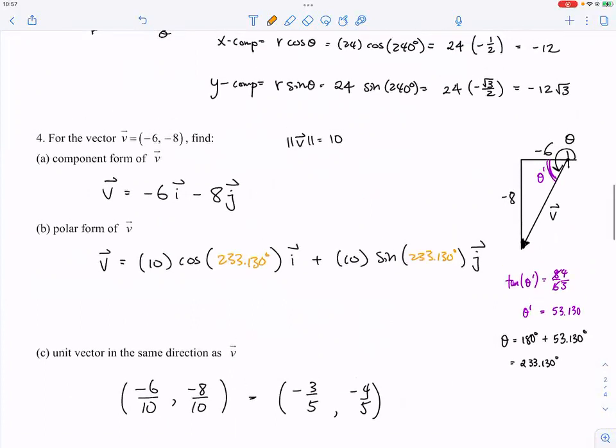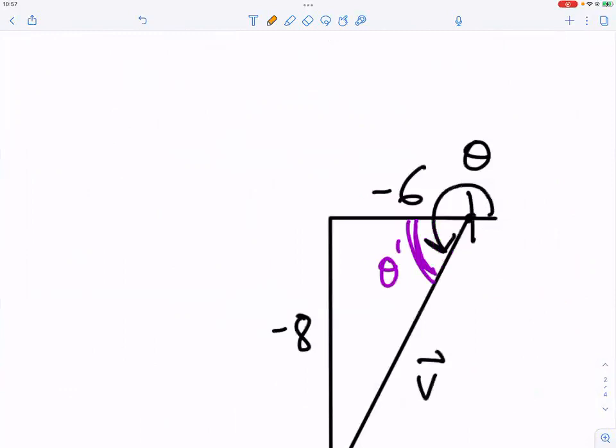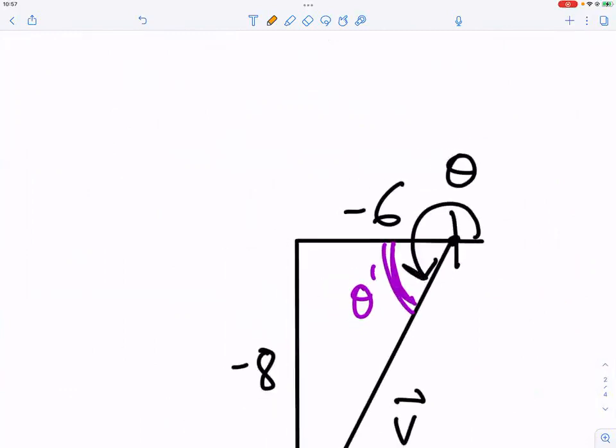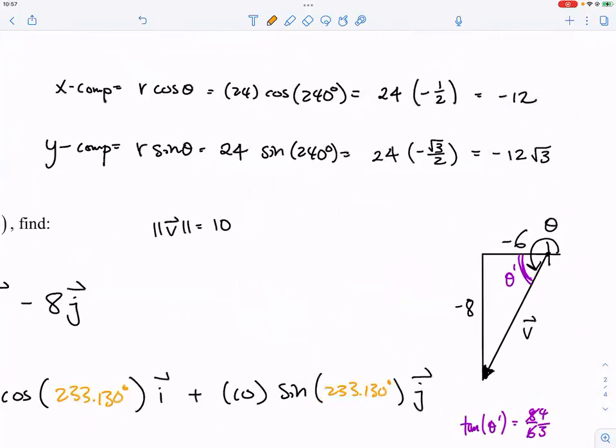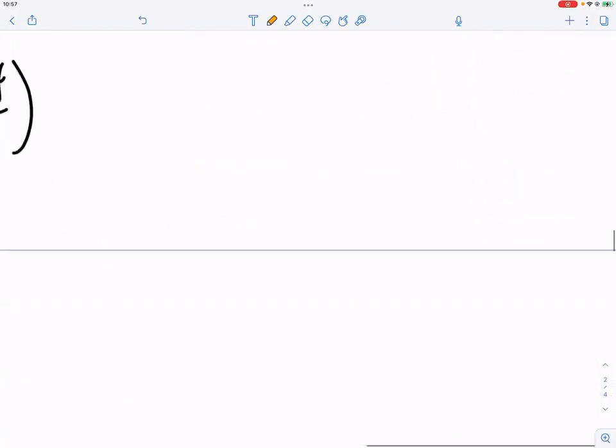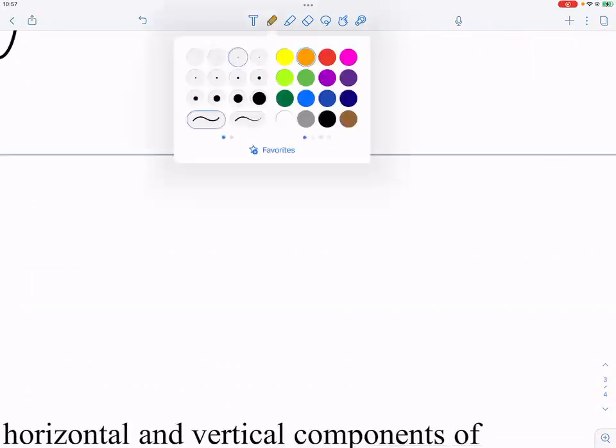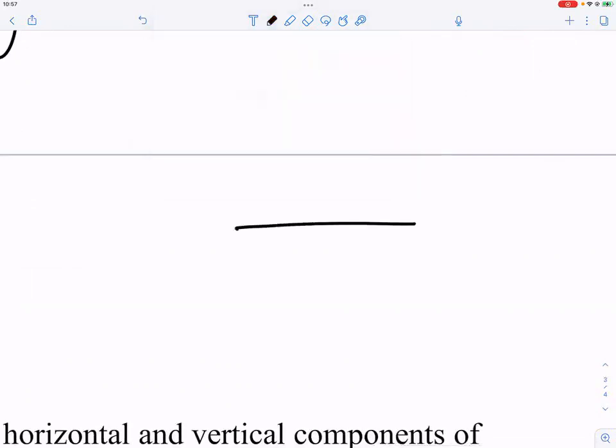Questions? Wait, so you're not finding the angle, so instead of it being on the other side, you have to add that angle? Well, it depends. Let's just say this is the actual vector, so the vector moved to the right and down.